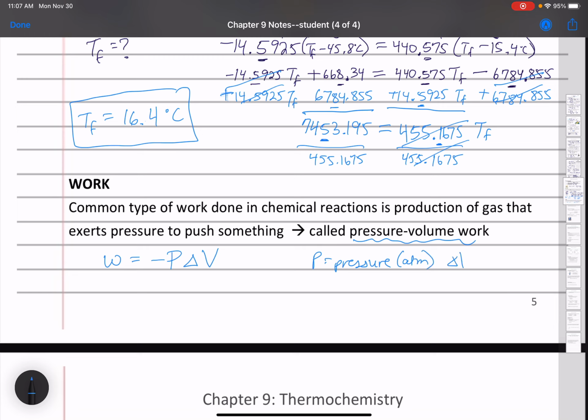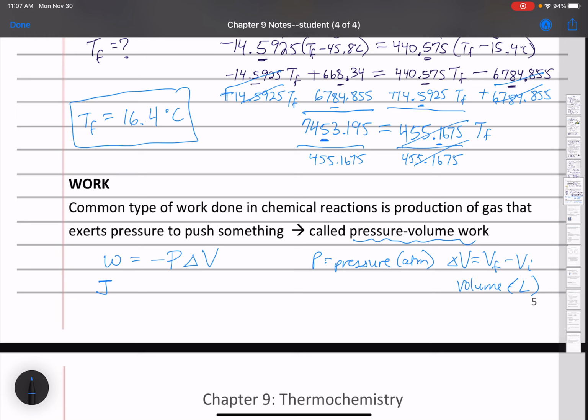And the change in volume is, of course, the final volume minus the initial volume. And volume is in liters. All right. And work, though, is in joules.